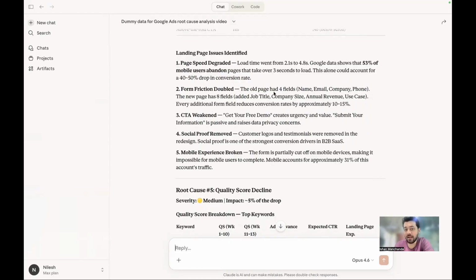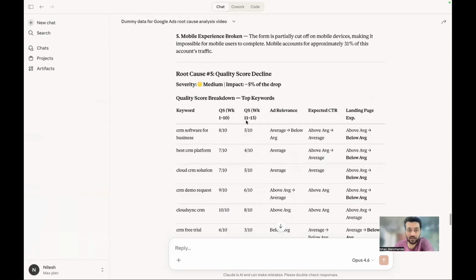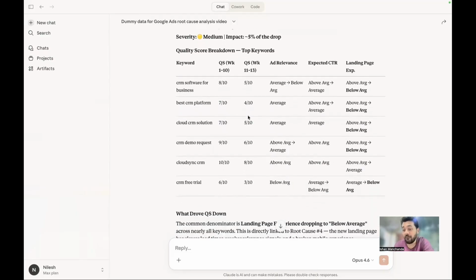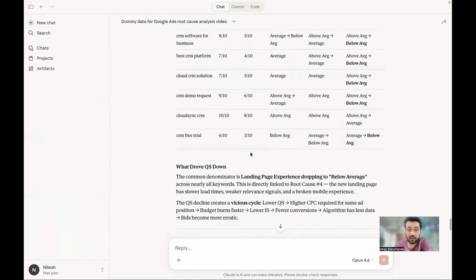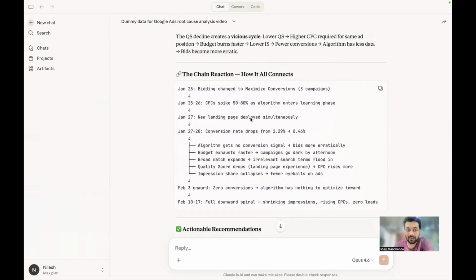The old page had 4 fields and now it has 8 fields. So, of course, that can be a very strong reason. The CTA has weakened, social proof was removed, and mobile experience broken. So this is another reason. And then, of course, quality score decline is another reason. So there are now 5 factors that you have to look at in order to improve your performance. And it tells you exactly what went wrong and where it all started.